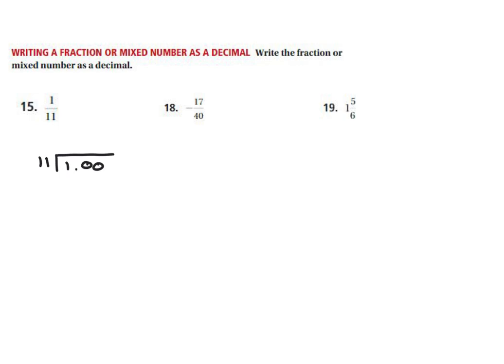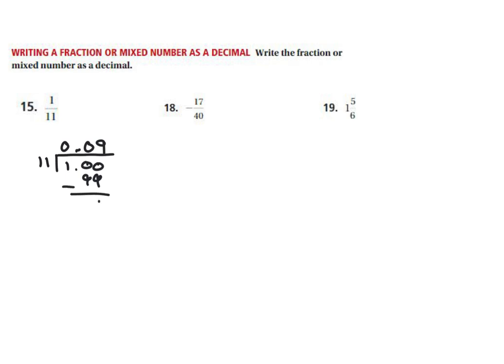For question number 15, we have to do long division, where 1 goes inside and 11 goes outside. Bring your decimal point up, and 11 goes into 1 0 times, 11 goes into 10 0 times, 11 goes into 100 9 times. 9 times 11 is 99.